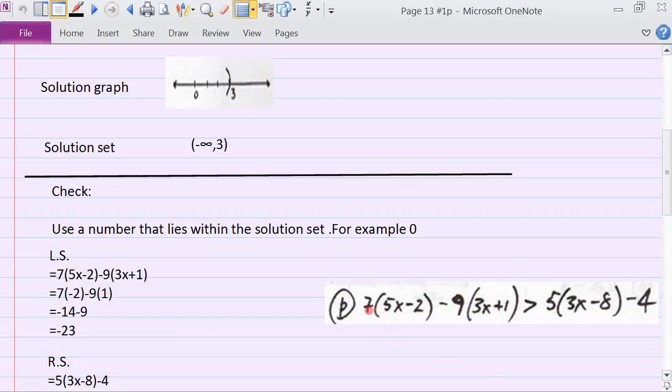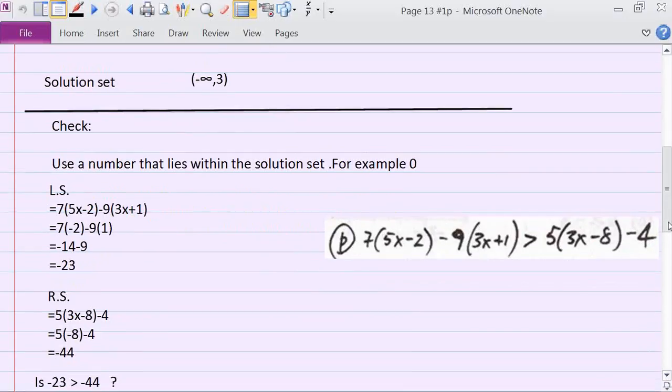And we're going to replace each of the terms with x in it, this one and this one, with 0. And 5 times 0 is 0, and 3 times 0 is 0. That's why 0 is sometimes an easier number to work with and makes the calculation easier.